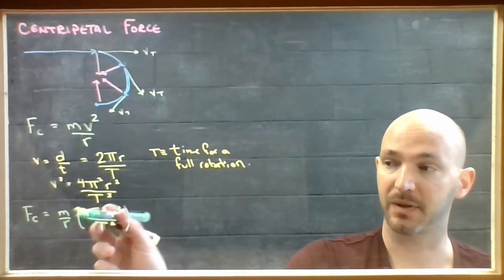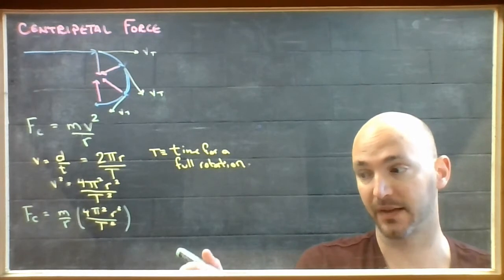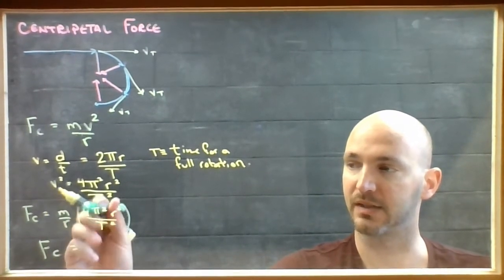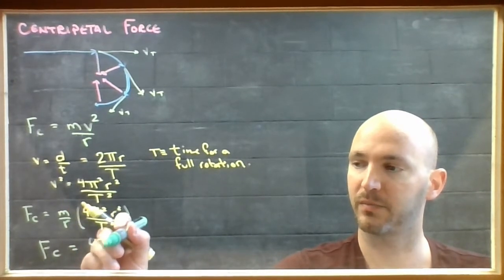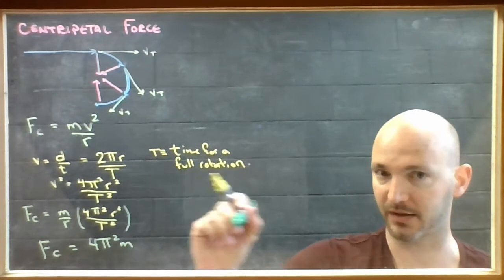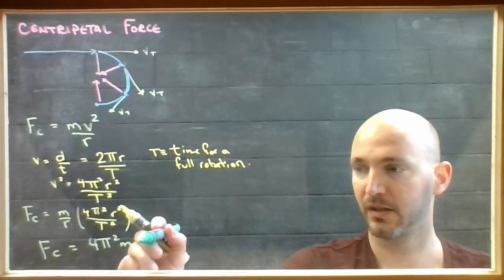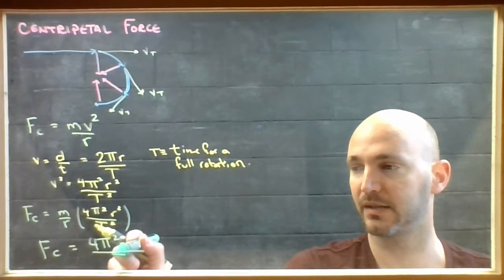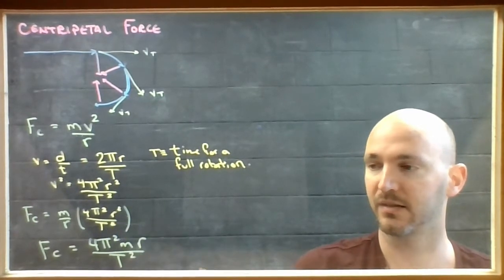An r squared up here and an r in the bottom cancels one out, so I end up with centripetal force is 4 pi squared, the mass of the object traveling in the circular path, the radius of the circular path they're traveling on, and the time it takes squared.